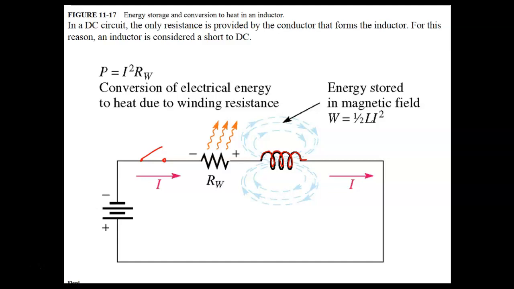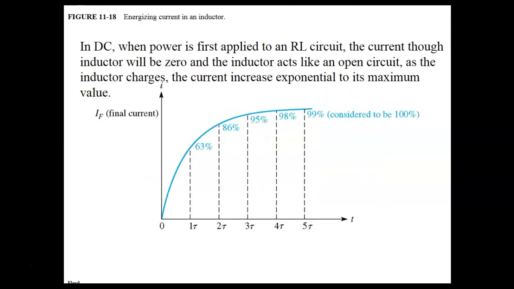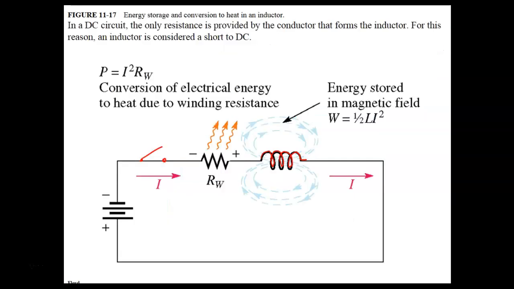Then as things stabilize, the voltage drop across the inductor goes down and the voltage drop across the resistor goes up. What's dropped across the resistor is determined by the wire resistance of the actual inductor. So this thing has a charging curve, just like resistors, but opposite.